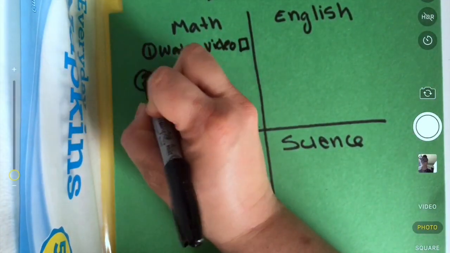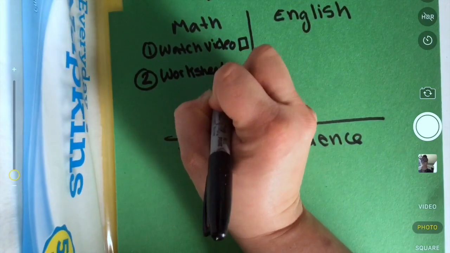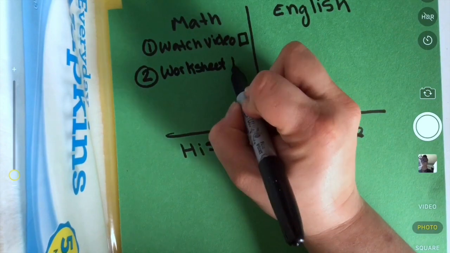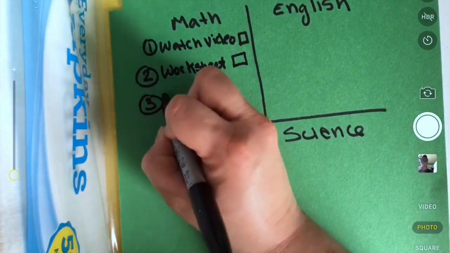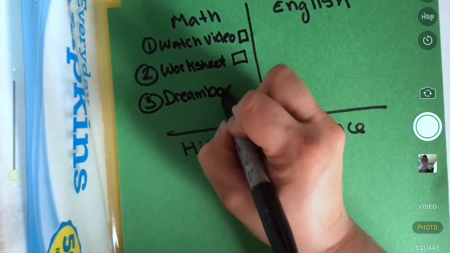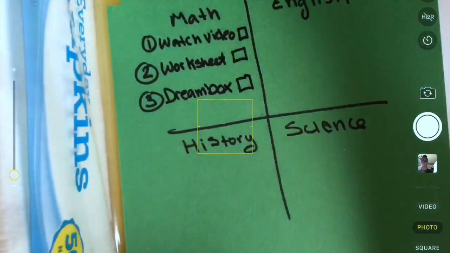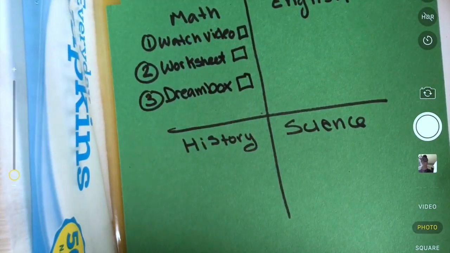2, worksheet. And again, I put a square so I can check it off when I'm done. And number 3 was Dreambox. This is just a way to keep myself in check. And sometimes when it's stuff that I don't even want to do, I give myself some reward.